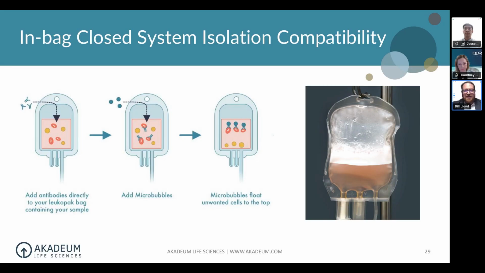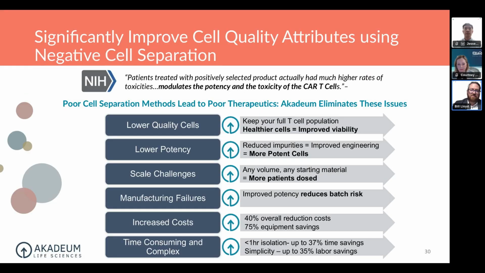And then we do not need any instrumentation because just by gravity alone, we are able to isolate the microbubbles from our untouched cells in our subnatant. And you can see that on the right-hand side, where the light pink underneath is our subnatant. Our upper layer of white is our microbubble layer. And then we are able to precisely move the subnatant into any downstream workflow step.